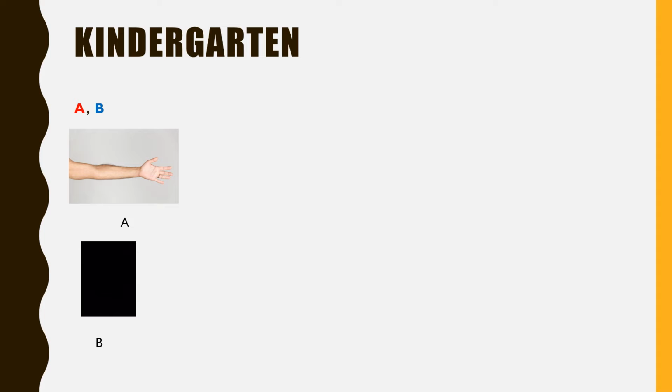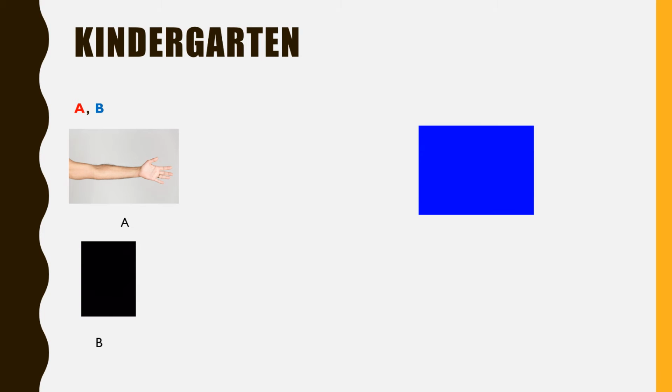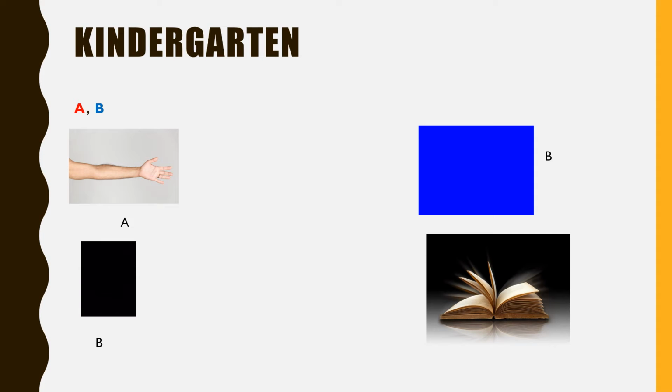B. Next we have blue. The color blue. Does that start with A or B? B. Book. Does that start with A or B? Book.